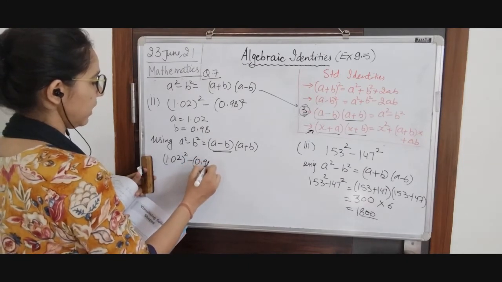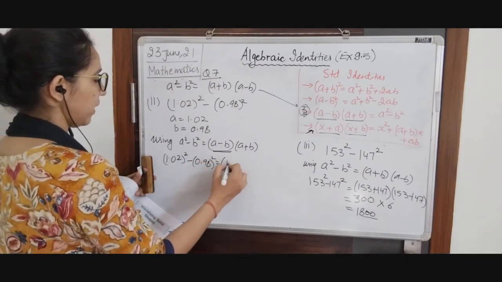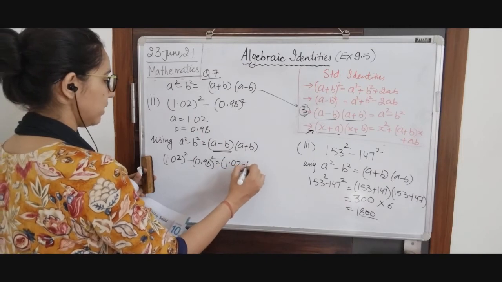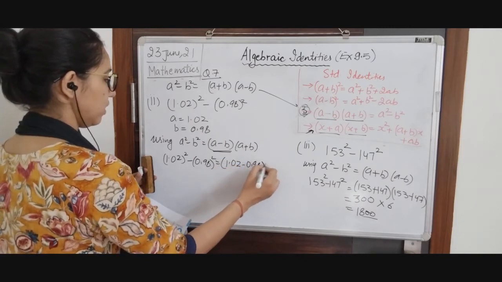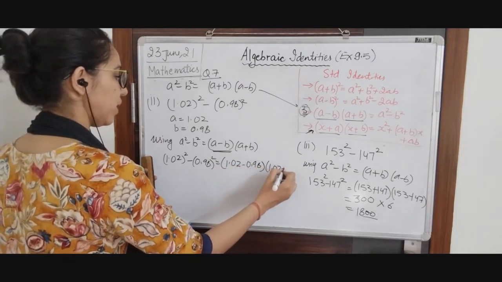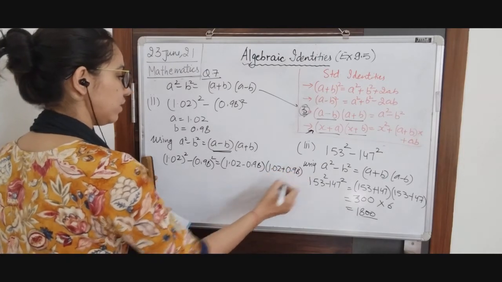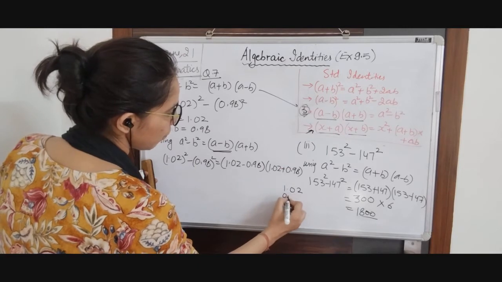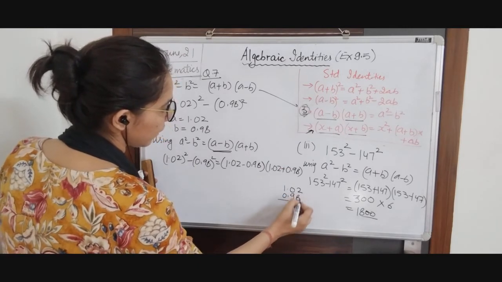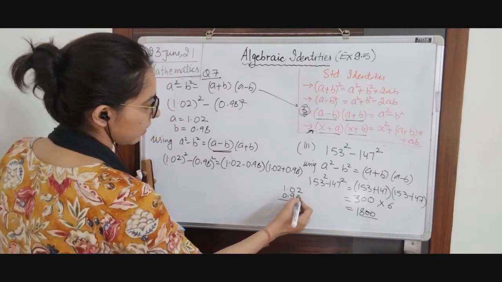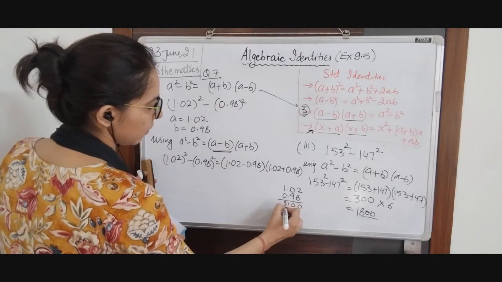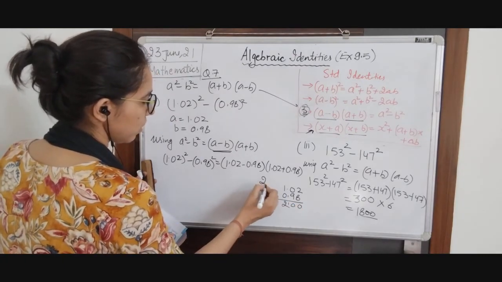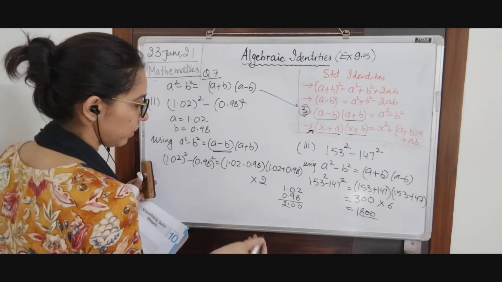So 1.02 square minus 0.98 square will be a minus b, 1.02 minus 0.98, into 1.02 plus 0.98. Now we are going to solve them. 1.02 plus 0.98 is 2.0, or you can simply write 2.